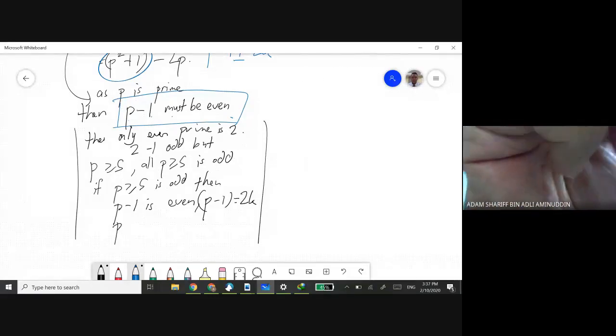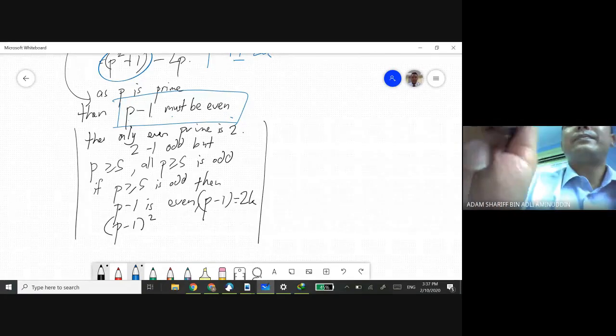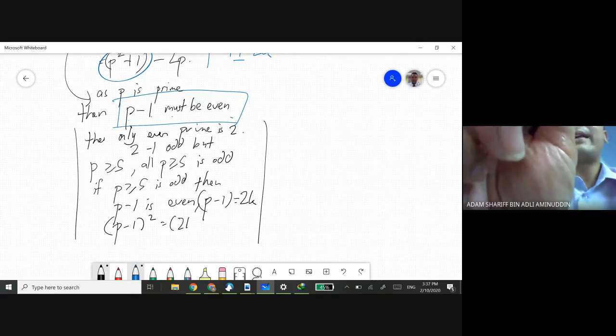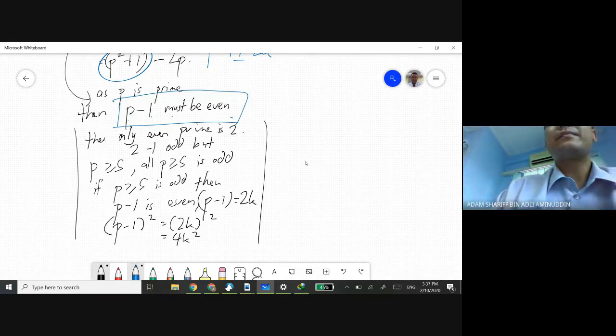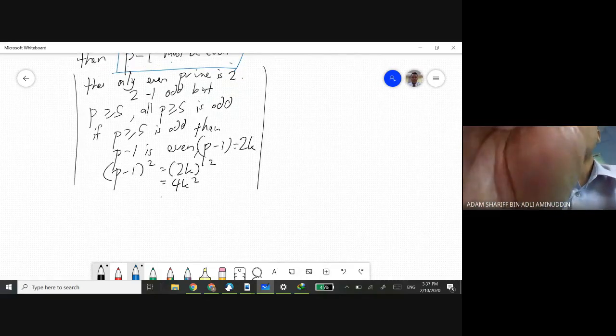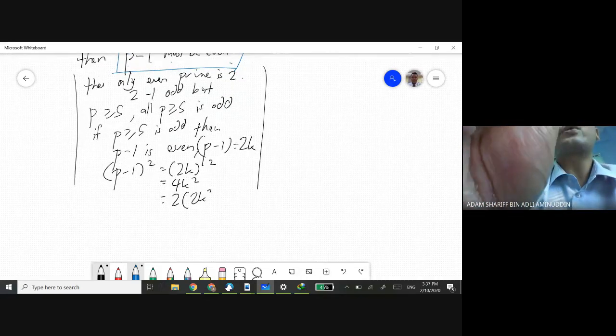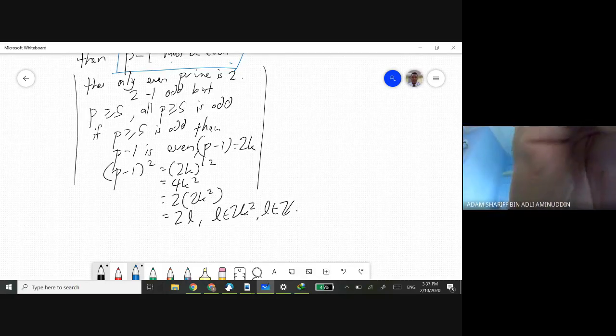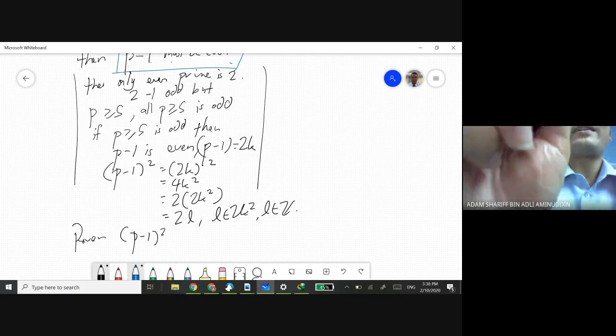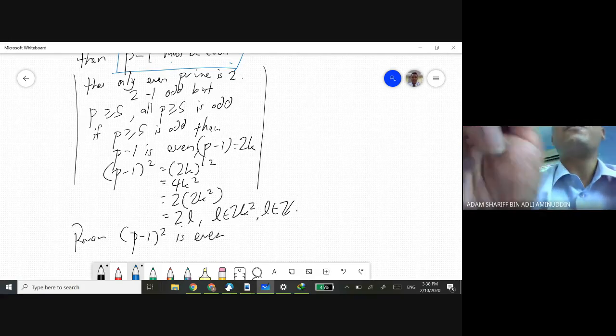I proceed with p minus 1 squared is 2k squared, will be 4k squared, will be 2 times 2k squared, becomes 2l. L is 2k squared. This L must also be integer. So proven that p minus 1 squared is even. Confirm.